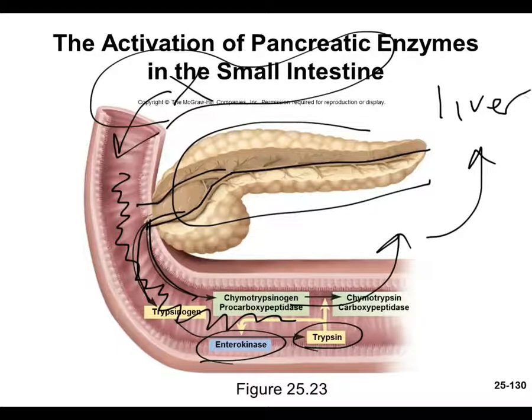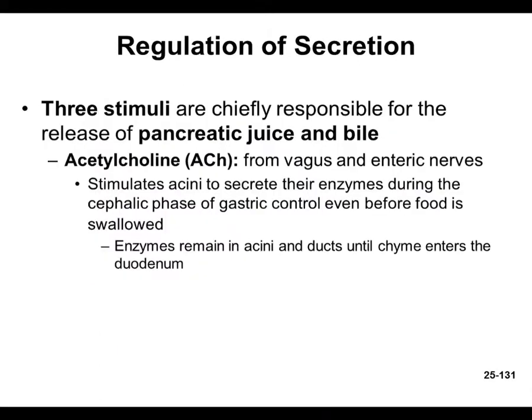We talked about this already, through the hepatic portal vein, and then into the liver, into the sinusoids, mix with the arterial blood, get those Kupffer cells to detoxify, break things down. That blood is then returned back to the circulatory system through the hepatic vein, which dumps into the inferior vena cava.